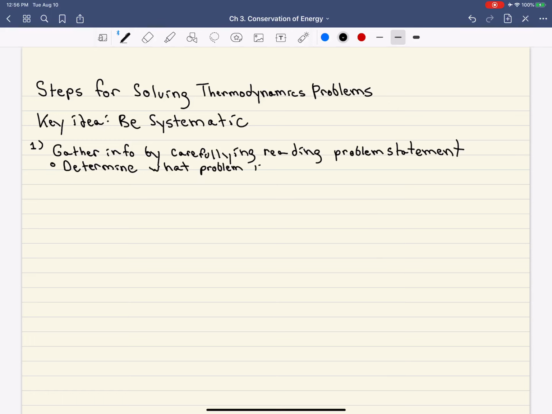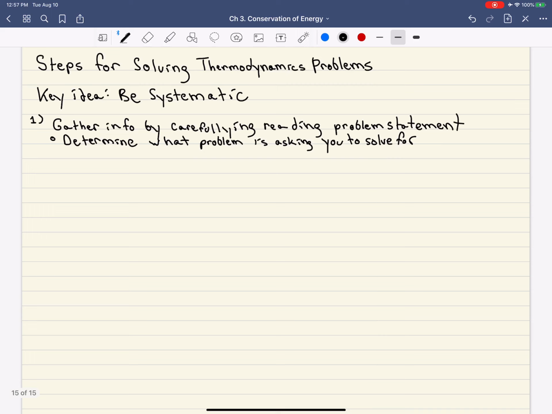Determine what the problem is asking you to solve for. Okay? And as you're reading, you should also identify any important properties, quantities, or even qualities of the system that will aid you in your analysis. Right?